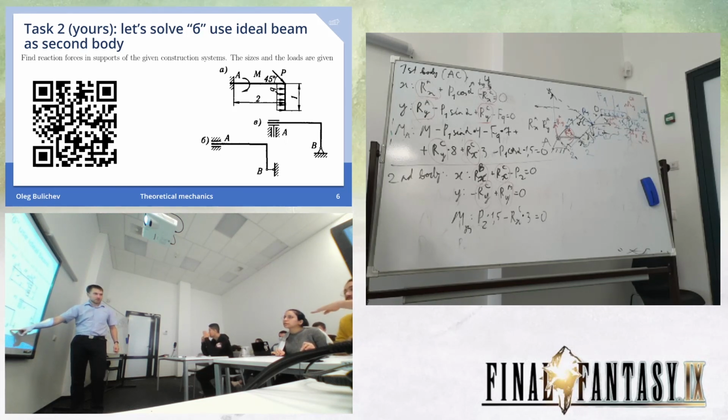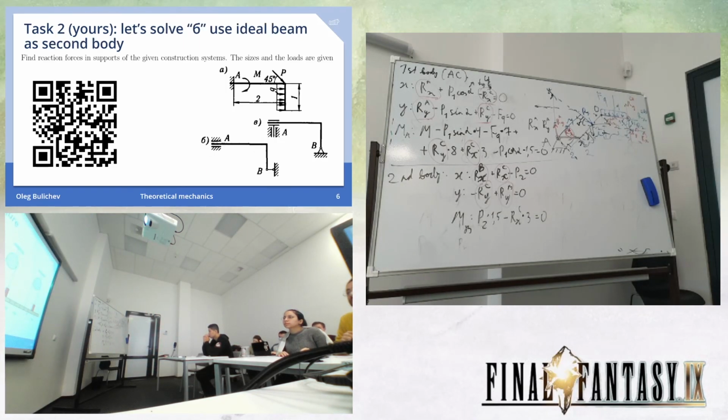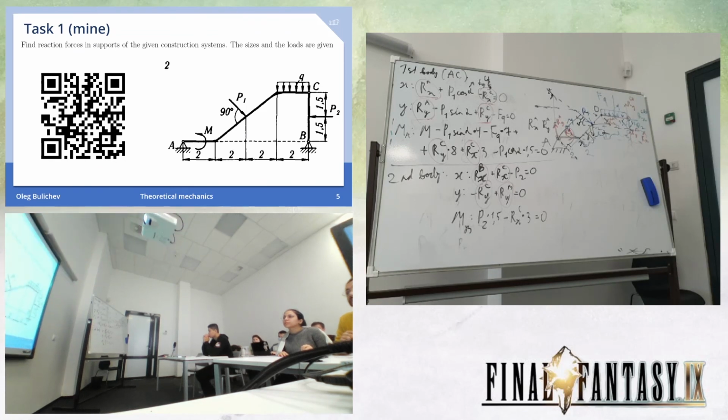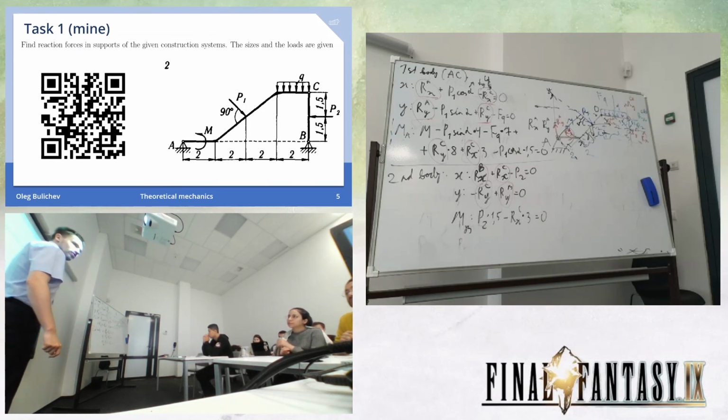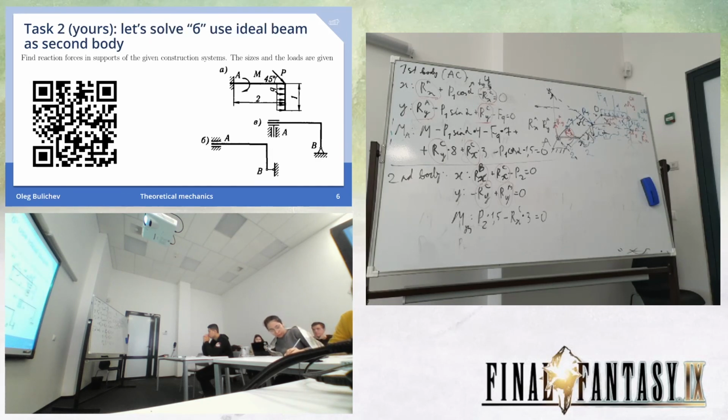So it's fixed to the wall and it doesn't bend, right? Ideal beam, it's actually the same as it is. Spoiler: it's also an ideal beam. You just need to solve the task from the previous class, considering not one body with an ideal beam joint. You need to consider the second body and solve the task.